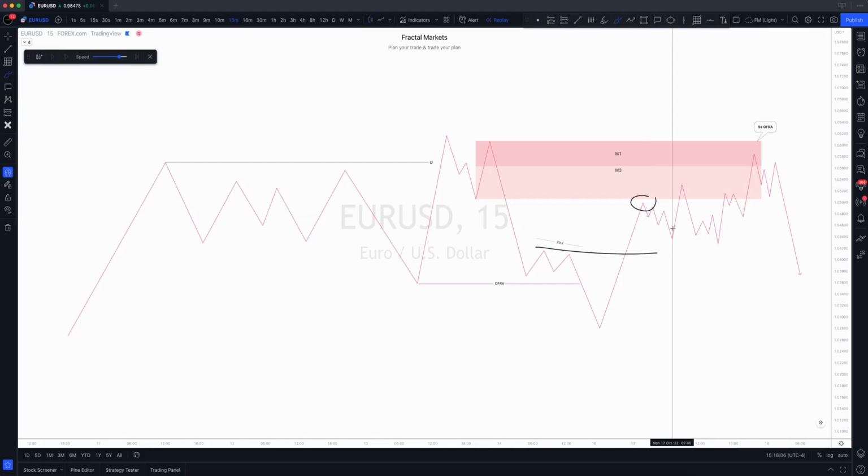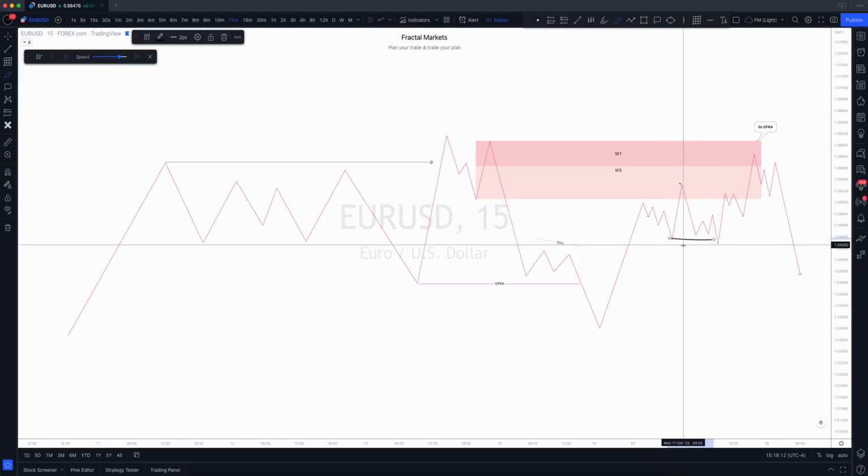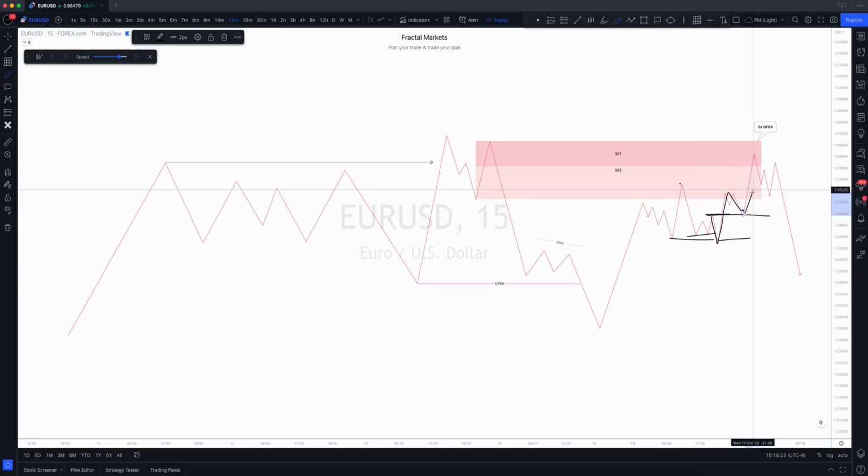In this very specific case, which is oftentimes what ends up happening, we come in, we do break down, but you'll notice just how weak we come down. And demand gets created on the liquidation, the order flow shift on the 1 minute, which is going to solidify that there's going to be liquidity above this high.